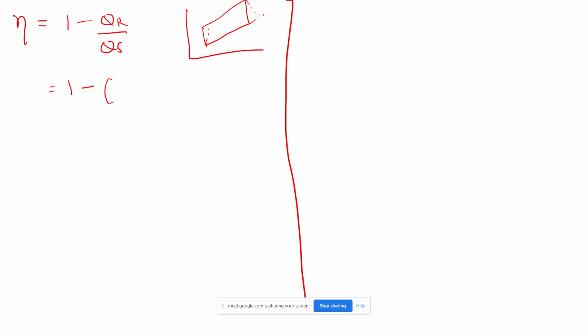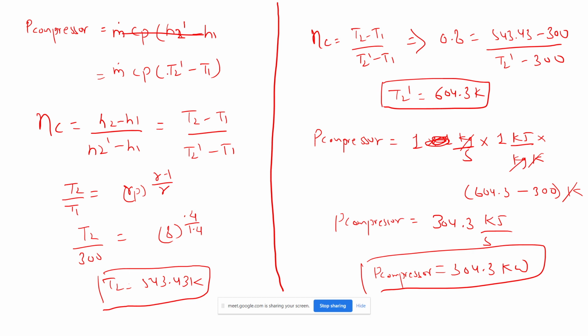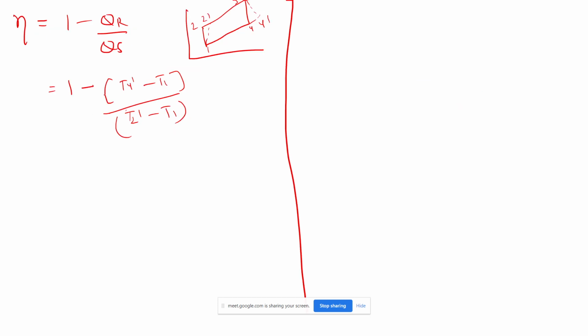T4 dash minus T1, I think it will change. Sorry, so T2 dash minus T1. We have to calculate these two. T2 dash we have already calculated, now 604.3. Now we just have to calculate T4 dash only.